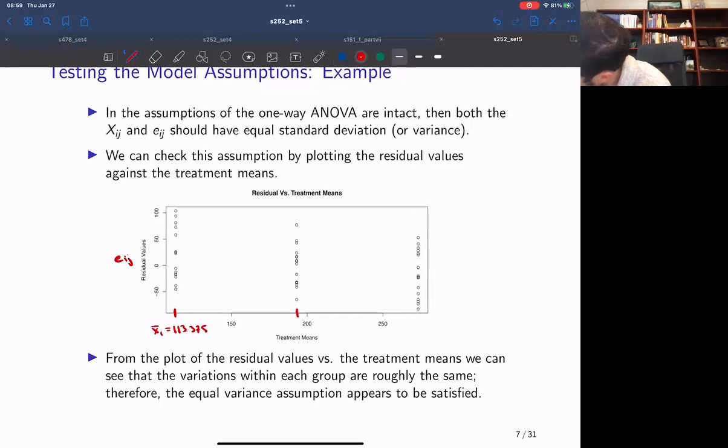Right here we have X bar 3, which was 193.063. And here we have X bar 2, which is 273.25.